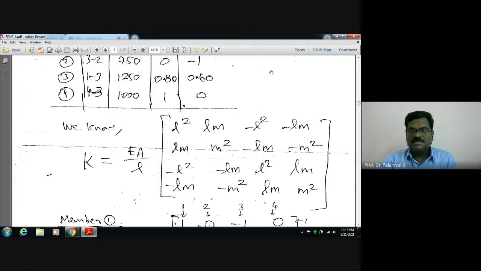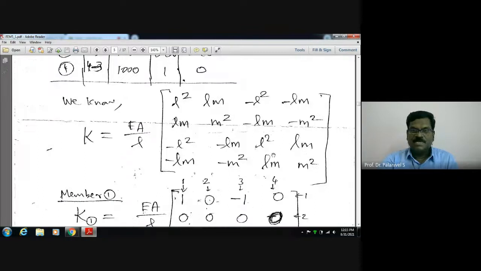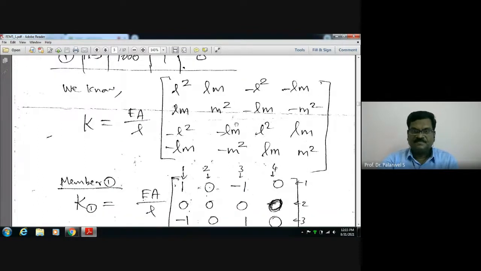You can obtain it just by writing the strain displacement matrix, which I explained yesterday. Don't memorize; obtain it every time by multiplying the transpose matrix and the original matrix. This way, direction cosines are given.